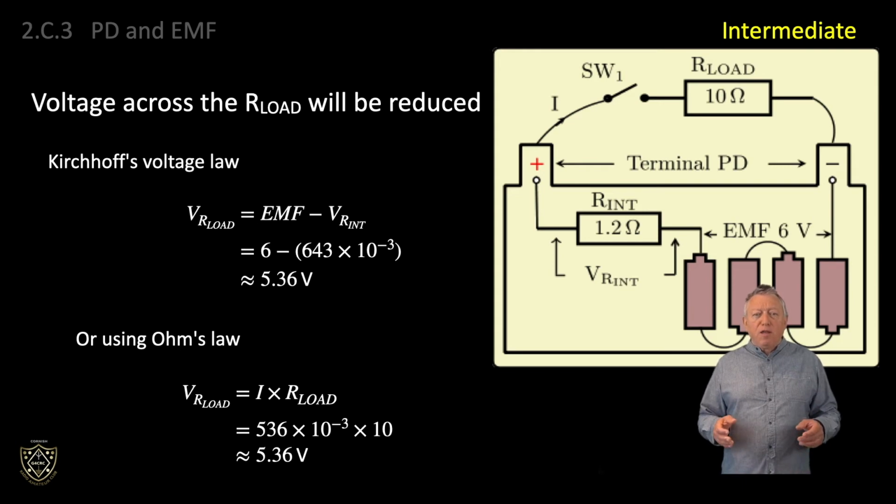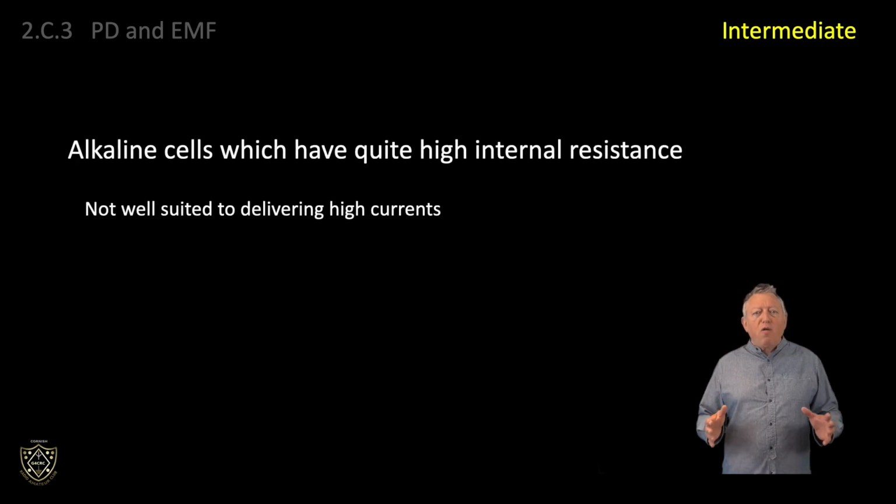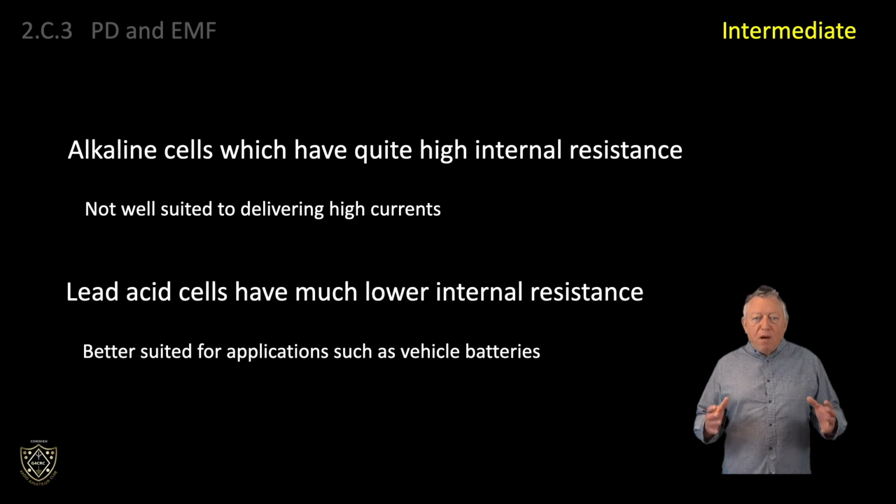This example has used typical values for alkaline cells, which, although they have quite high capacity, also have quite high internal resistance and are therefore not well suited to delivering high currents. Lead-acid cells have much lower internal resistance and are better suited for applications such as vehicle batteries which need to be able to deliver high currents to crank an engine.